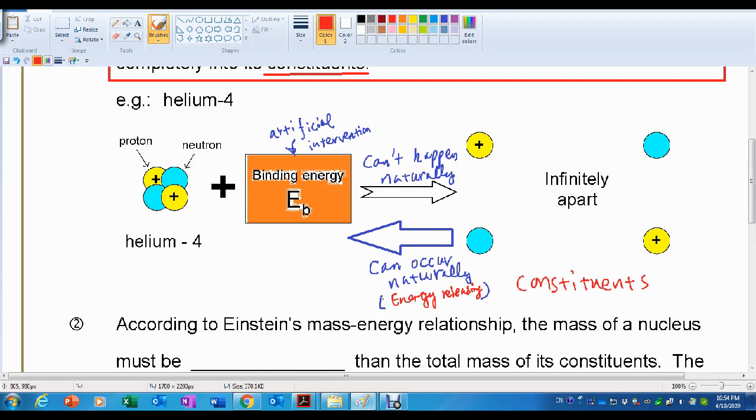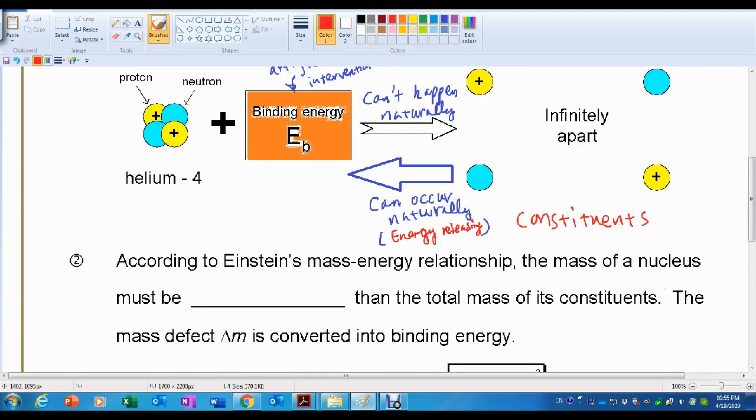So from right to left, there would be mass defects. If there's a mass defect, the total mass of the 4 constituents would be greater than the mass of helium.